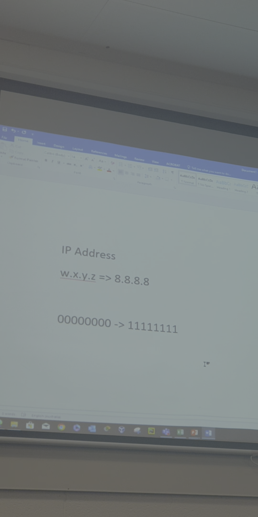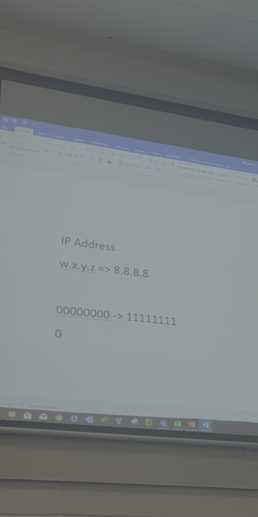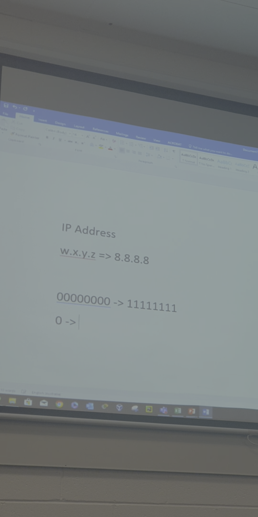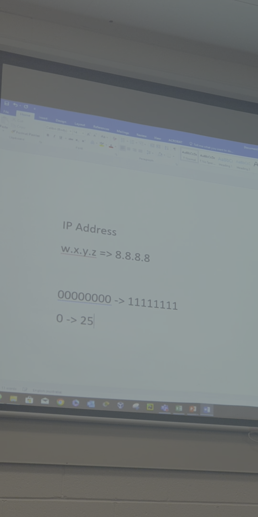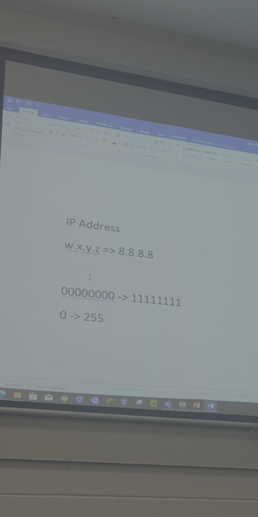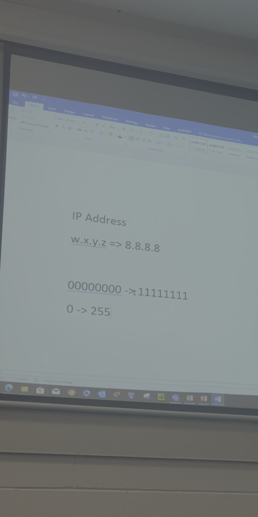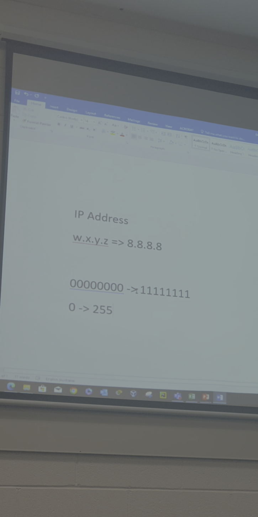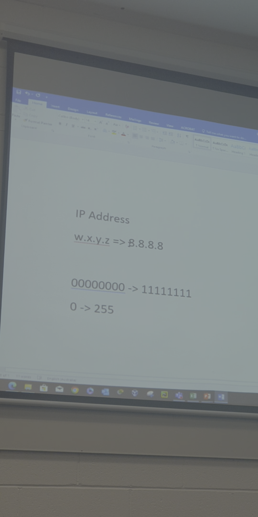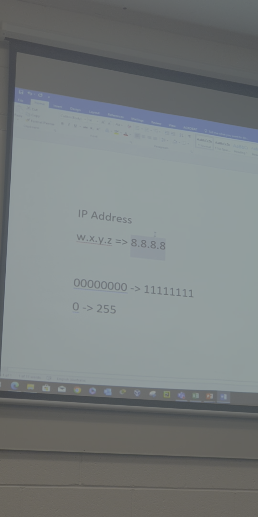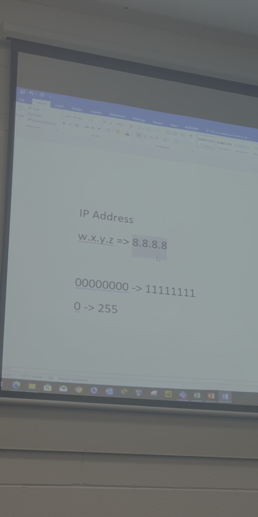What that means is that with this number, 8 zeros is still 0, and that can go all the way up to 255. So we know here with these octets, 0 to 255, 0 to 255, 0 to 255, 0 to 255.